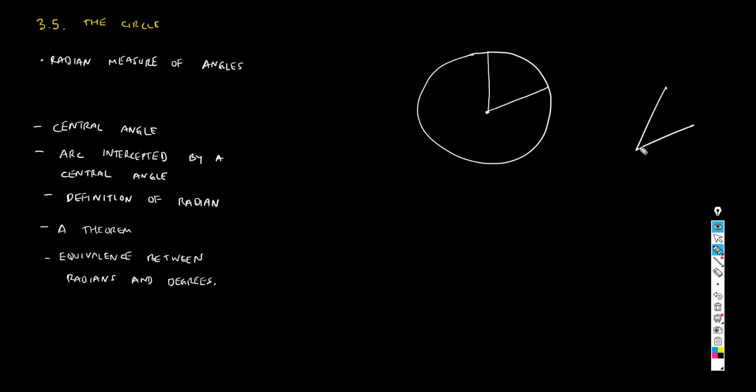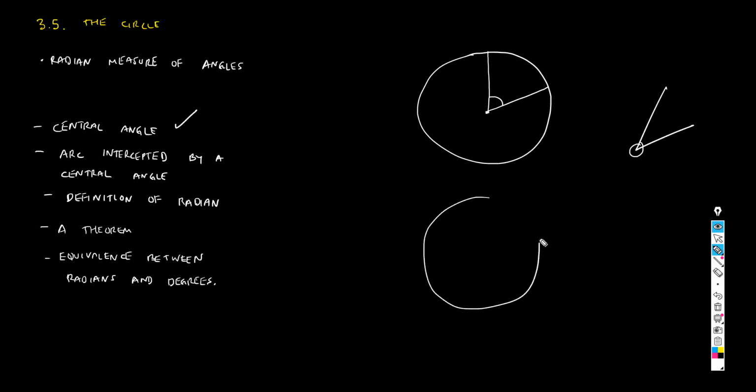Remember, the vertex of an angle is this little point in here, this precise point. So when the vertex of the angle is located at the center of the circle, then we say that this particular angle is a central angle. So that's what it means.